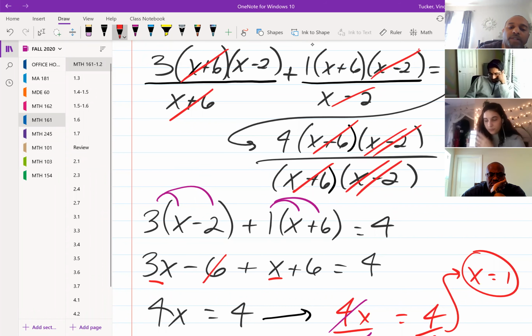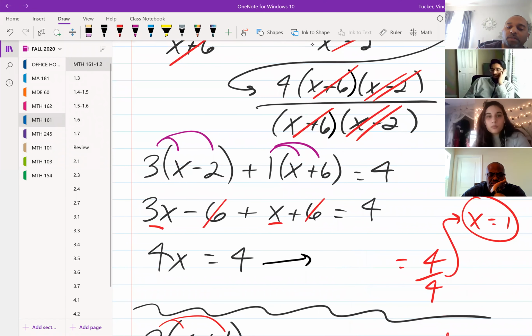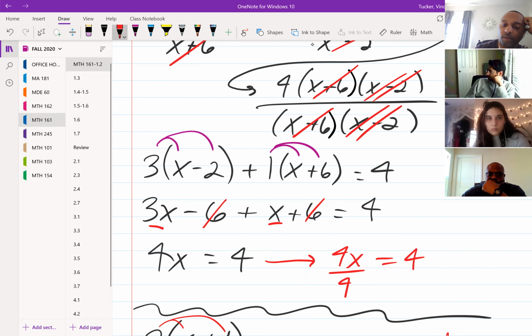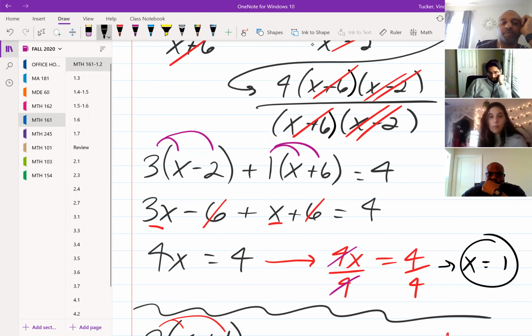And then actually negative 6 and positive 6 will cancel out, leaving us with 4x equal to 4. Then we can finish it off. 4x over 4 equal to 4 over 4. Divided both sides by 4, and our final answer is x equal to 1.